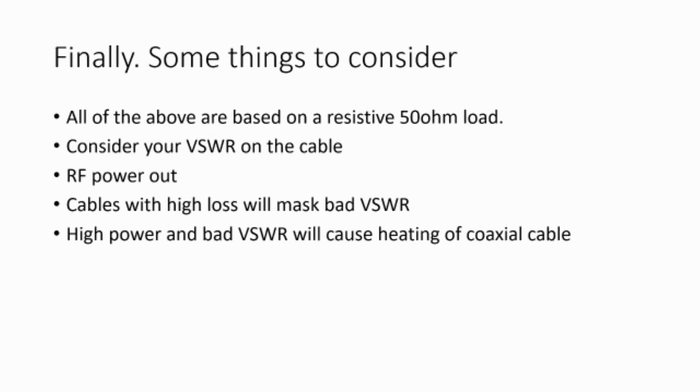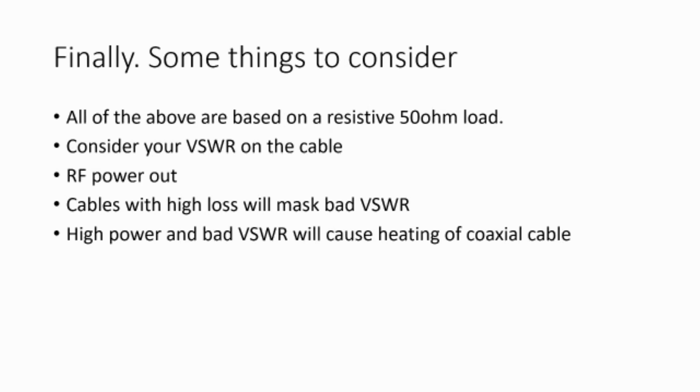Cables with high losses will mask bad SWR. So if you use a cable with a lot of loss, you won't see it at the station because you're losing that high SWR in the cable. So it might look good at the shack, but it mightn't be good at the antenna.